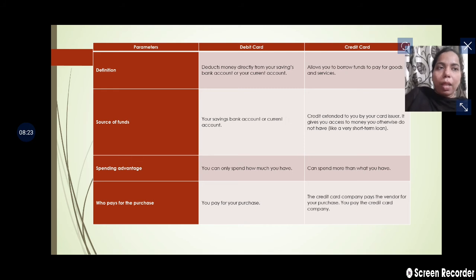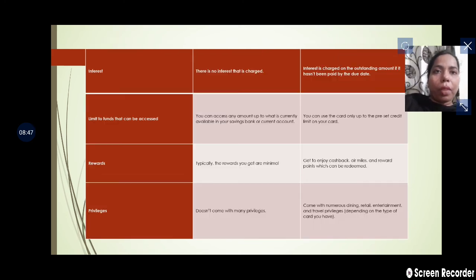When an individual makes a purchase via the debit card, the individual pays from his own money. But in case of the credit card, the company that issues the credit card pays the money to the vendor for the purchase, and then the individual pays the money back to the credit card company.